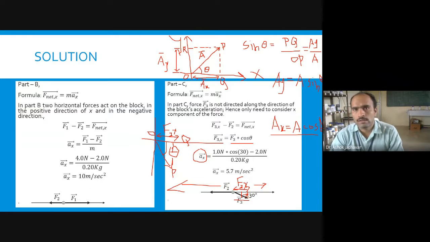So you just check, wait a minute, I will do the calculation and check whether the answer is correct. You just try it and tell me whether we have got the same answer or something is missing there. 1 cos of 30 minus 2. Okay. Whether I have made any mistake here?